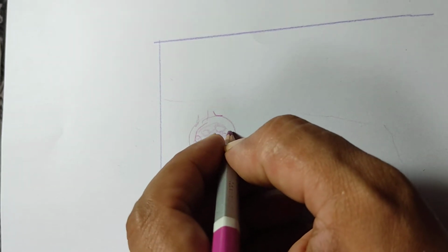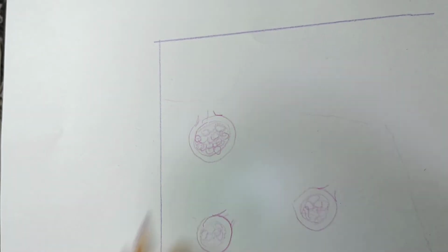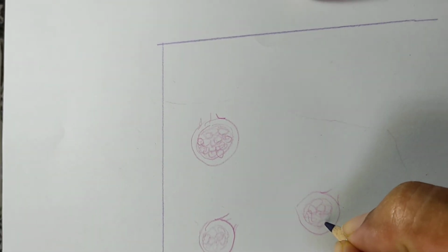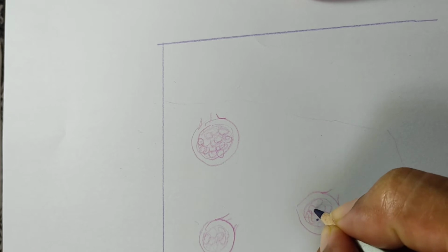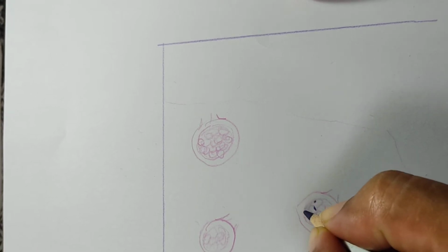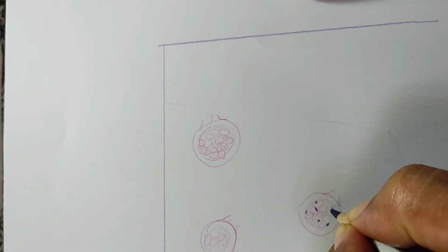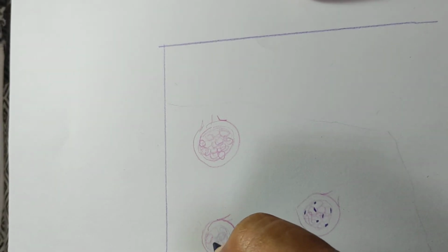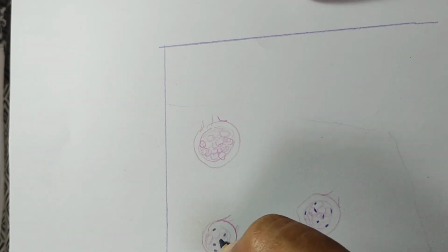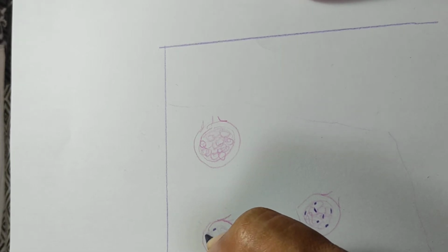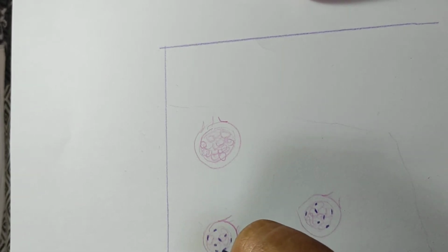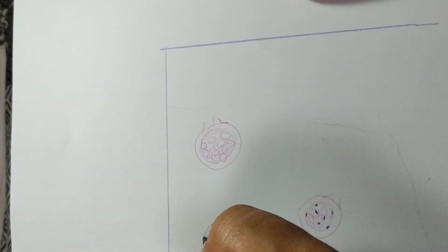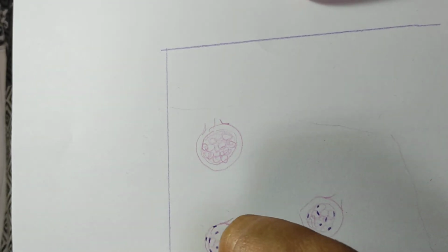This is the visceral layer of the Bowman's capsule and this is the parietal layer. Now we will fill in the nuclei of the capillaries. The podocytes, the visceral layer of the Bowman's capsule and the parietal layer.